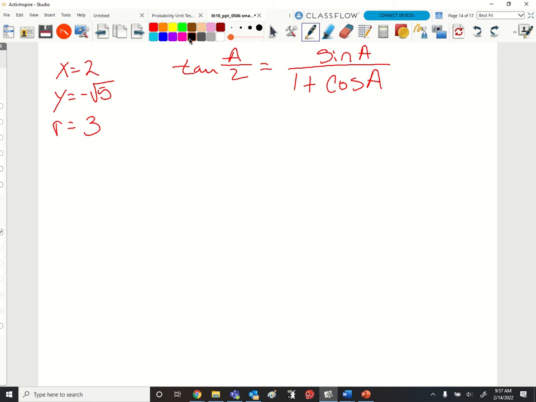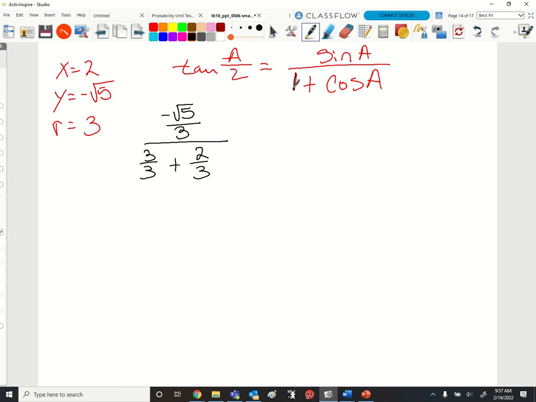It's going to be sine of A, negative radical 5 over 3, divided by 1, but you know what, I'm going to change this one. I'm not going to do the 1 yet. So cosine of A is going to be 2 over 3, then now I'm going to bring down my 1. But instead of the 1, I'm going to write 3 over 3, because 3 divided by 3 is 1, and it saves me a step. Why not?